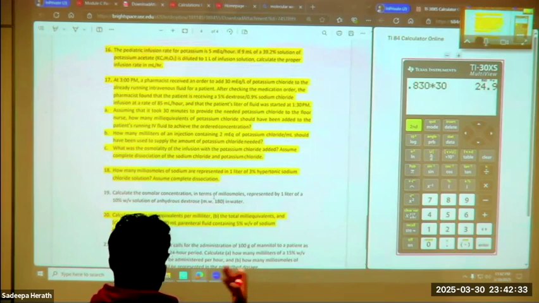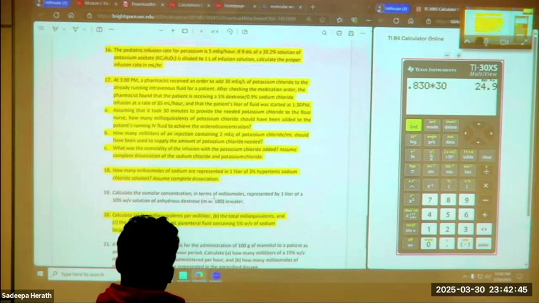So there's a certain amount of that already being infused into the patient. That means there's a little bit less than a liter left in that IV. So to achieve 30 MEQ per liter of potassium chloride, we would probably need a lesser amount of MEQs to be administered.